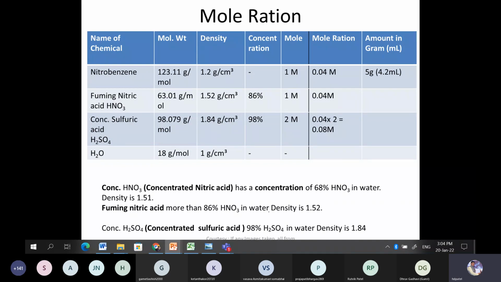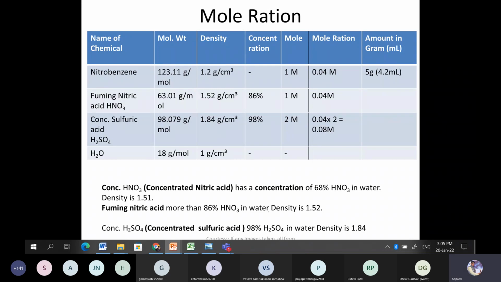What is the density of nitrobenzene? Nitrobenzene has a density of 1.2 gram per centimeter cube. It means if we take 1 ml, then the weight of that nitrobenzene is 1.2 gram.